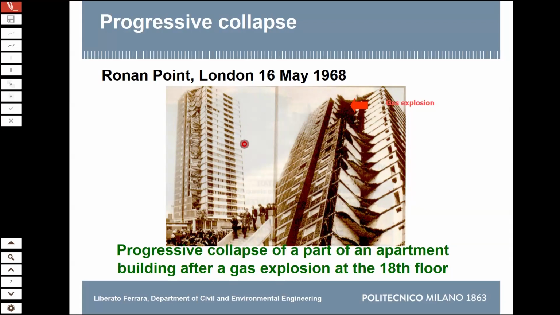That is the result. All the corner of the building collapsed. This was a precast panel housing building. Well, the interesting thing is that the lady survived. Obviously, she had to move to another apartment.